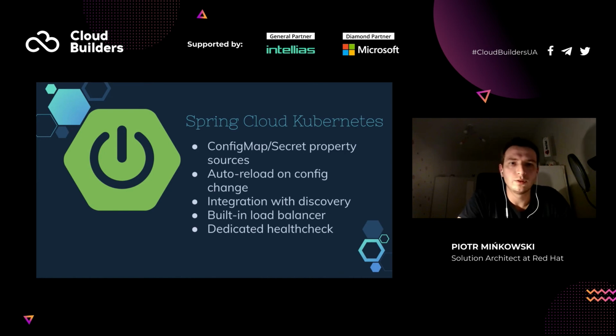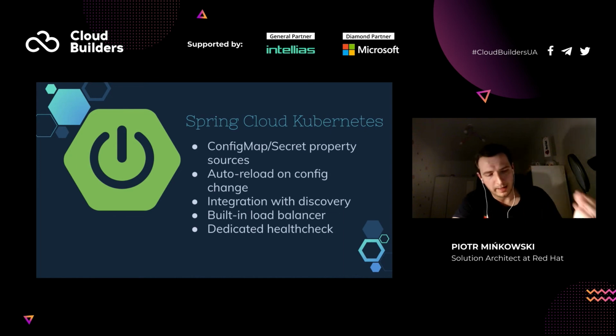So it allows us, for example, to use config map or secret as a property source for a Spring Boot application. We can also take advantage of the auto reload mechanism, where Spring Cloud Kubernetes watches for changes in the config map or secret. We can integrate with Kubernetes discovery, for example, and there is an implementation of the abstract DiscoveryClient.